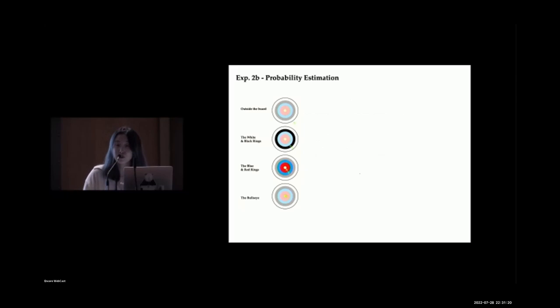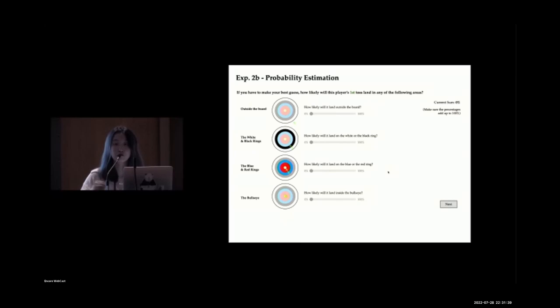In experiment 2B, we divided the game screen into 4 different regions outside of the target board: the black and white rings, the red and blue rings, and the bullseye. For each prediction a participant makes about a learner's lollipop toss, they have to make 4 probability estimations about how likely the lollipop would land in any one of those 4 regions. And this is just an example of a participant moving the slider bar.